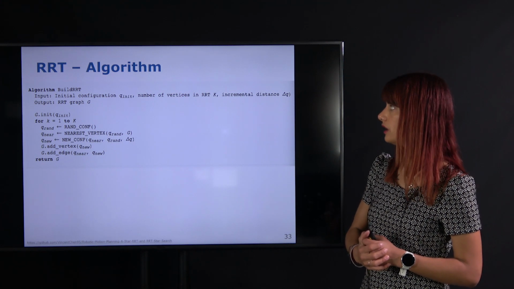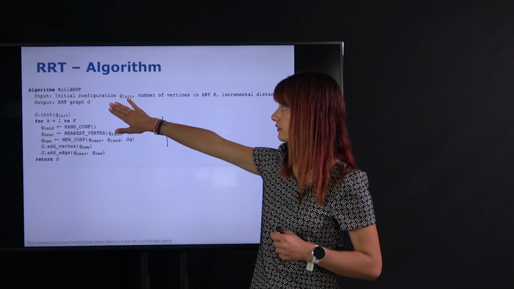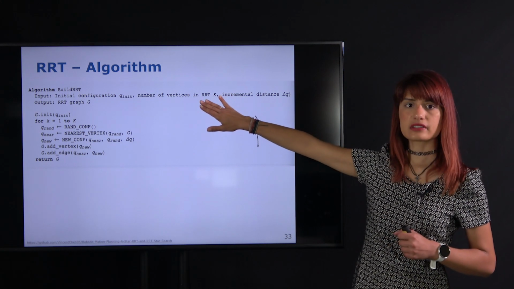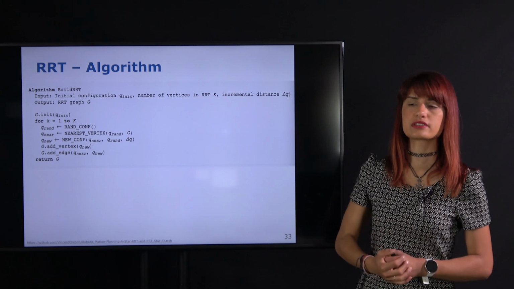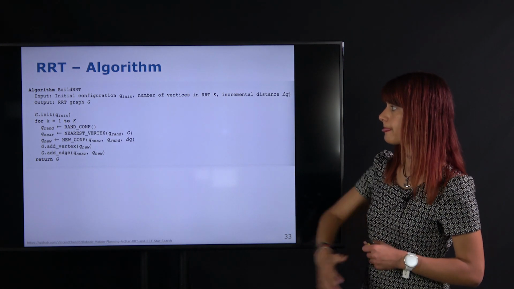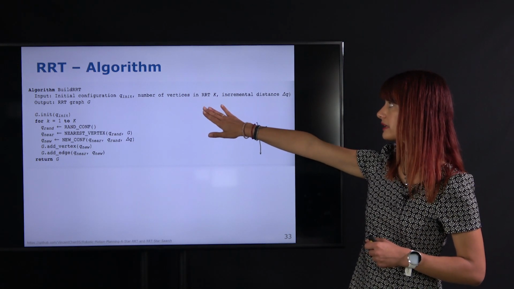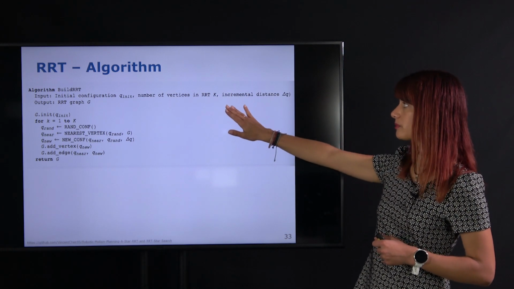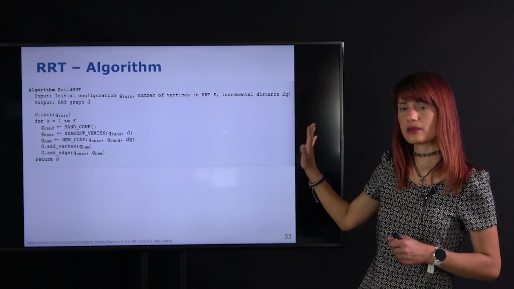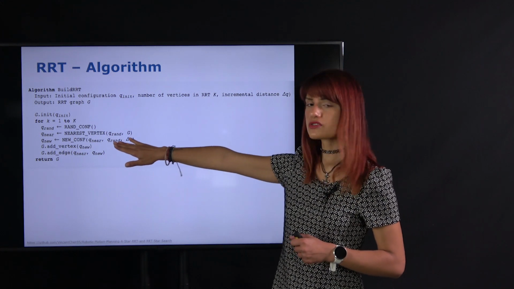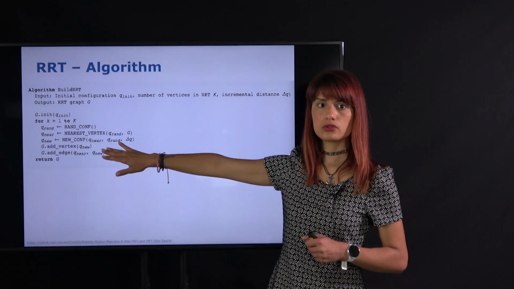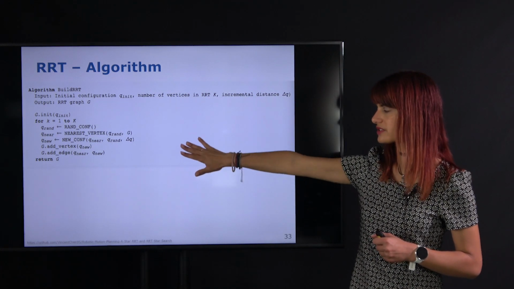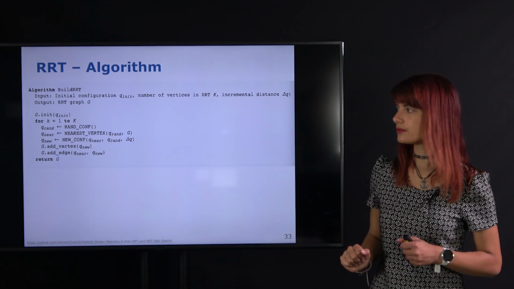And so we have, of course, an initial configuration and the number of vertices in the tree, so the number of iterations we want to do before we terminate the algorithm. And also what will come into play is this incremental distance, or so-called step size, that plays a role when we connect new tree nodes to the existing tree. And we'll see how that works in just a second.